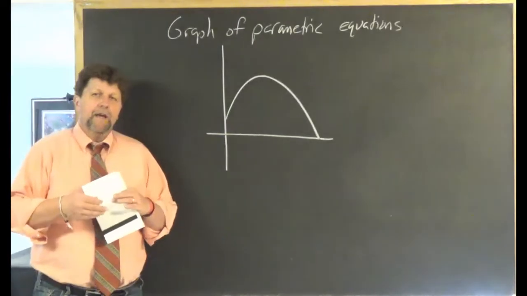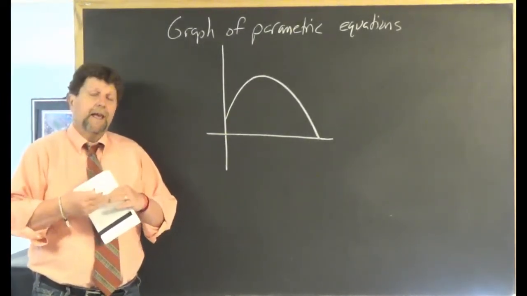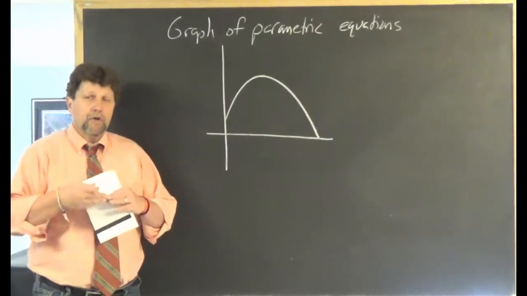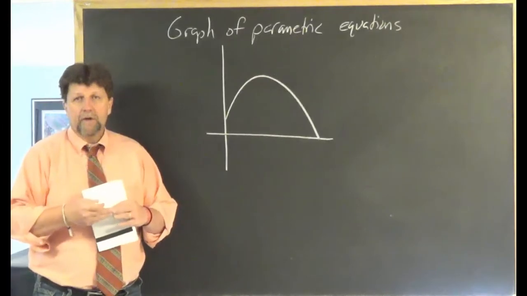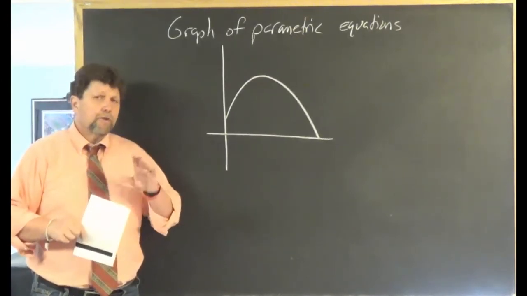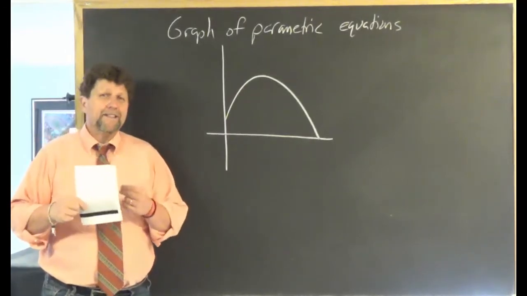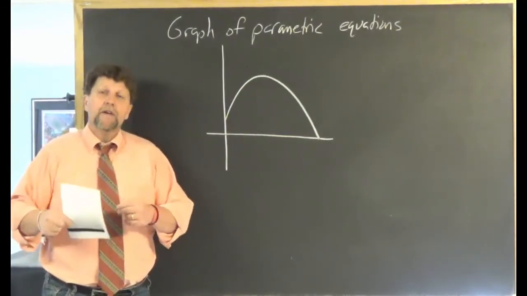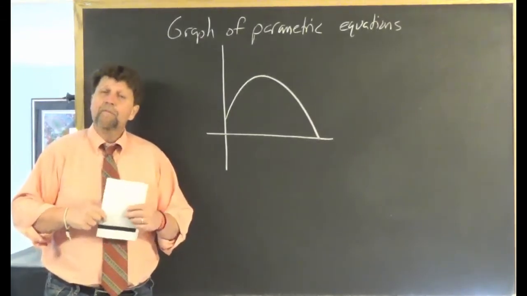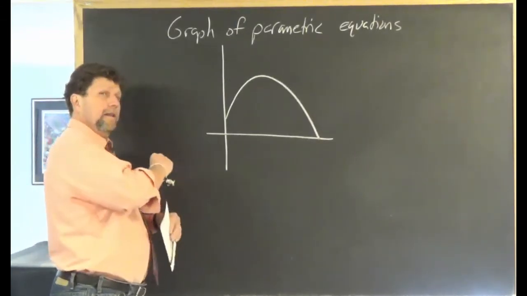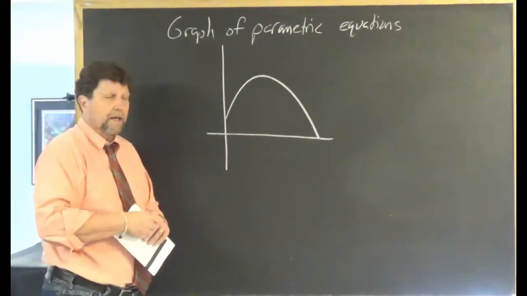All right, folks, for that rocket example we were looking at, I said I would show you something at the board that the calculator doesn't do for you, but you have to do when you put your graph on paper. This is true for graphing any parametric equations. It's called the orientation of the graph. So how was the graph traced out? This is the graph of the parametric equations for that rocket.